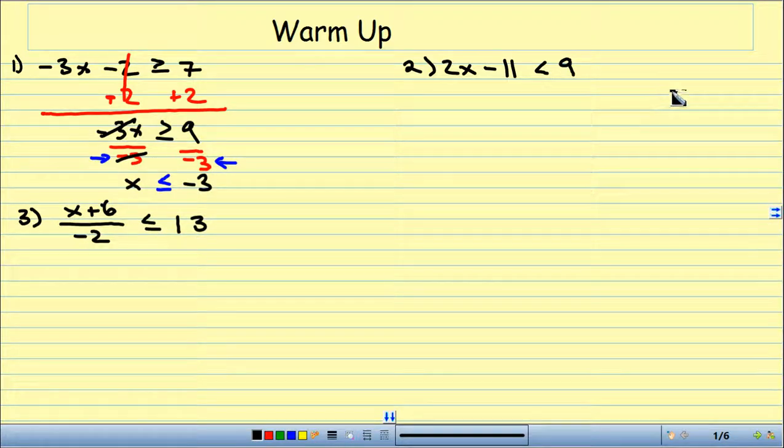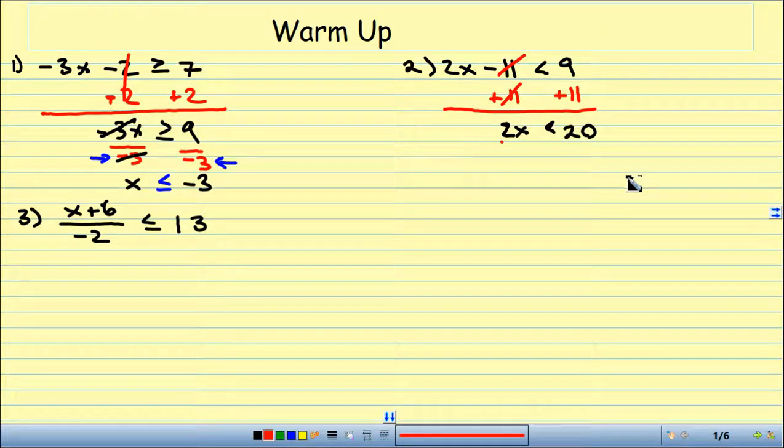I have 2x minus 11 is less than 9. Same process as the first. Add 11 to both sides. So when I do that, the 11s cancel out. 9 plus 11, that's going to end up being 20. So I have 2x is less than 20.